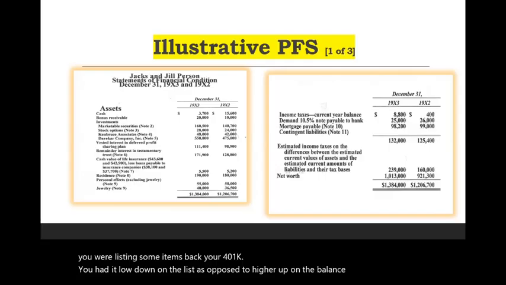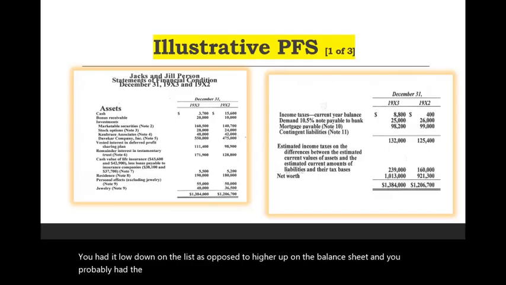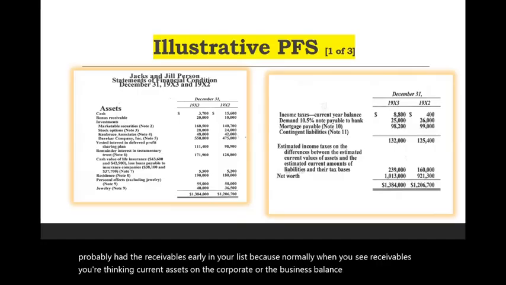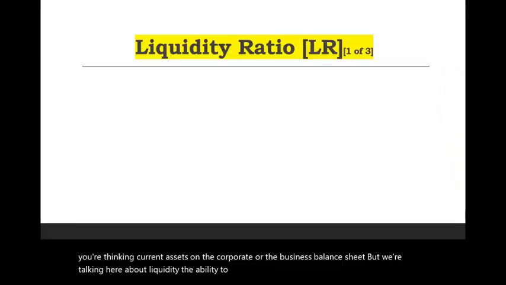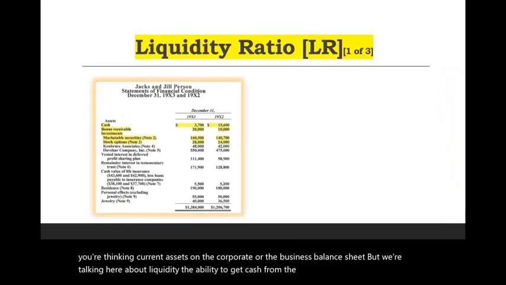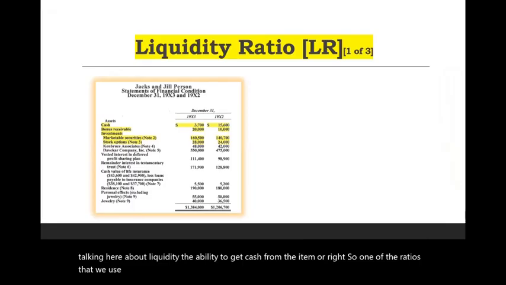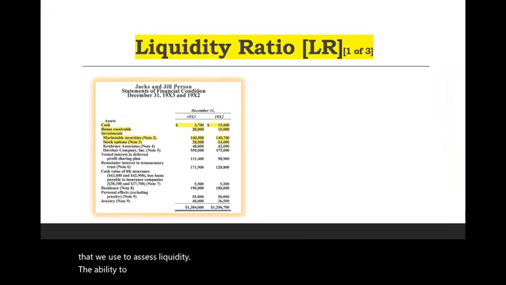And you probably had the receivables early in your list because normally when you see receivables, you're thinking current assets on the corporate or the business balance sheet. But we're talking here about liquidity, the ability to get cash from the item. All right, so one of the ratios that we use to assess liquidity, the ability to meet short-term obligations, is the liquidity ratio.